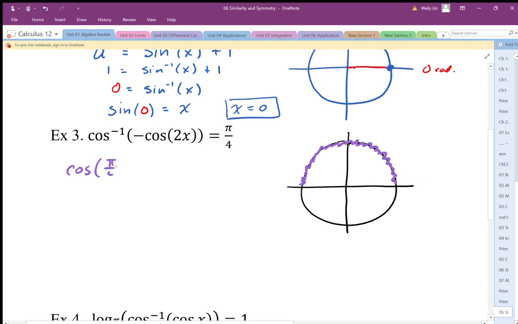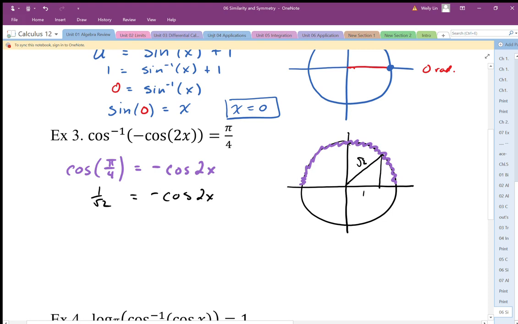So I end up with cosine of pi/4 is equal to negative cosine of 2x. So I can plug that in. I end up with cosine of pi/4. Cosine of pi/4 is going to be this value here, 1/√2. And that's going to be equal to negative cosine of 2x.